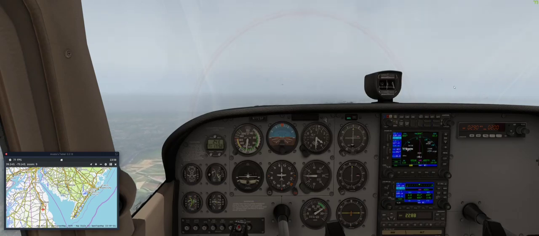And I was probably wrong when I said this would be about a 45-minute flight, because it's going to be a little bit longer than that. Pick up airspeed just a hair.